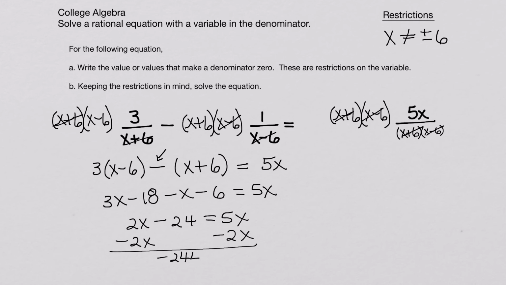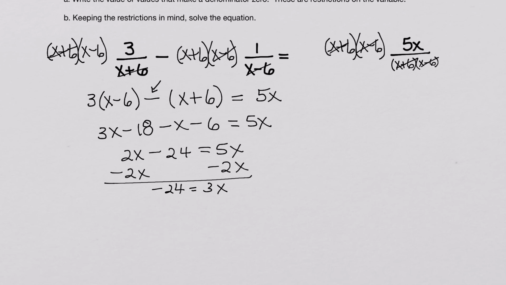Minus 24 equals, oop, how'd I get two 4s? All right, equals 3x. Well, I can scoot this up. Let's go ahead and do that. And I divide both sides by 3, which tells me that x equals negative 8.